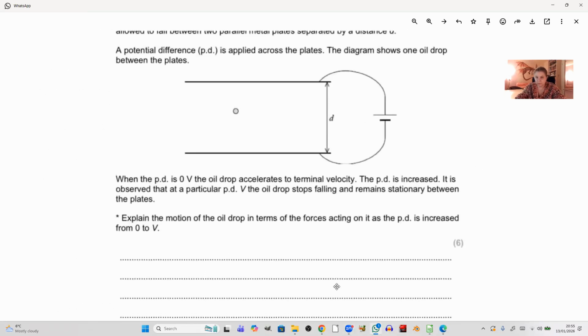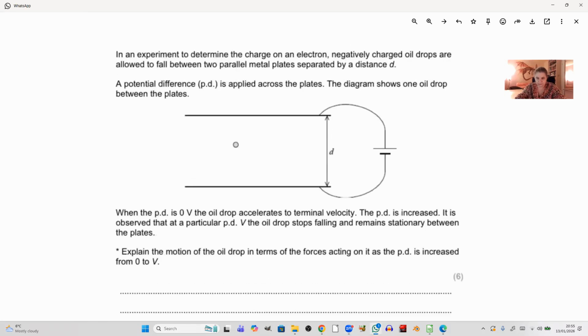And it's not simple. It's not an easy question. But what I want you to do is I want you to look at the command word. Right, so here we've got parallel plates. We've got an experiment. This oil drop has got a charge on it. It's negatively charged.